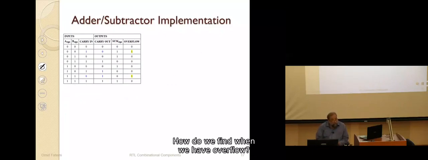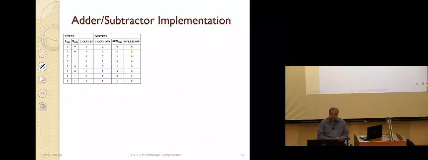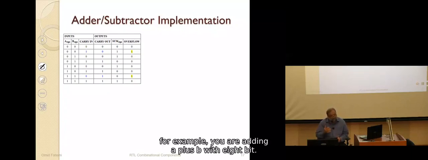So how do we find when we have overflow? It should be simple. You just need to look at the sign bits. For example, you are adding A plus B with 8 bits.